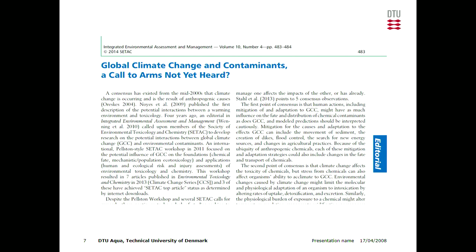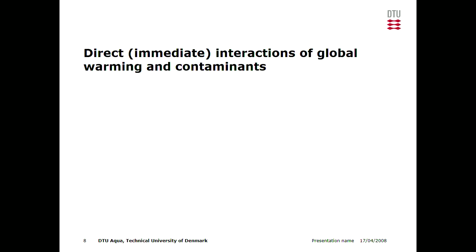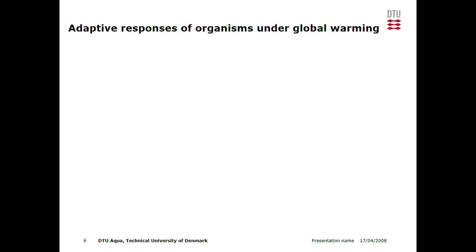In my research, I not only focus on the direct interaction of global warming and contaminants, but also the delayed interaction between these two stressors. First of all, there are adaptive responses of organisms to global warming. Thinking about it, if this is global warming, what should animals do?